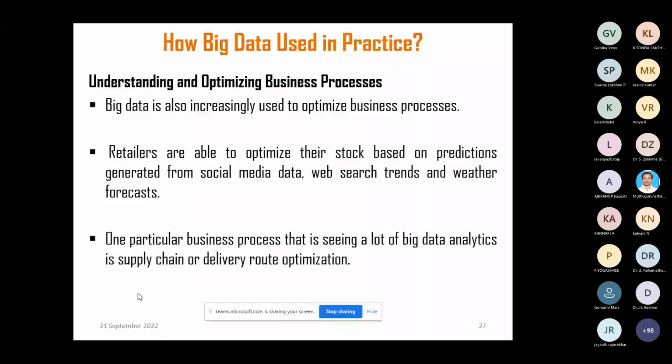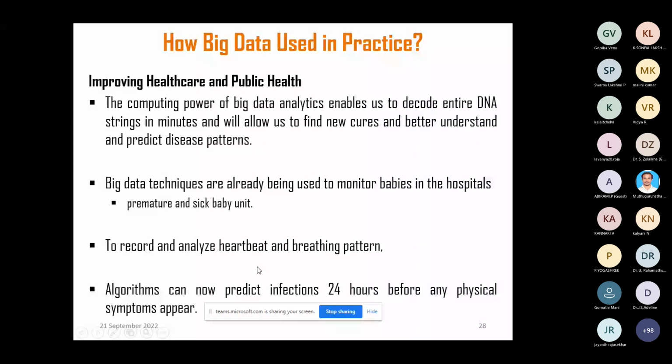Another area is healthcare. Healthcare is one of the major adopters of big data, even from the inception stage onwards.